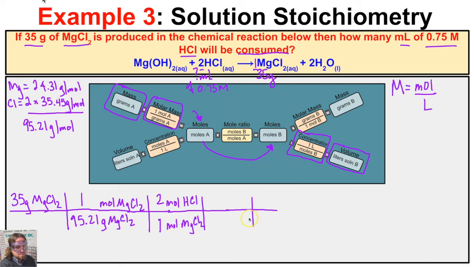There's 0.75 moles dissolved for every 1 liter of water. And so we want to cancel out moles of HCl. We'll put that at the bottom here. We're going to convert this to liters of HCl first. And so this is telling us that there's 0.75 moles of HCl for every 1 liter.